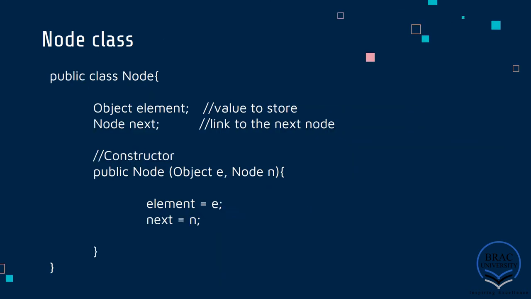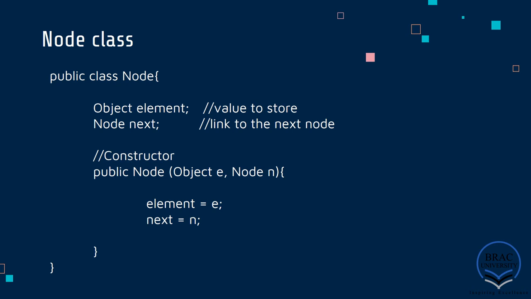Okay, so the last thing that I want to show you in this lecture is the node class, how we can write the node class in Java. For example, this is a very simple node class where we have an object element. This object element is the data field that I'm talking about when referring to the data field in the linked list diagram.